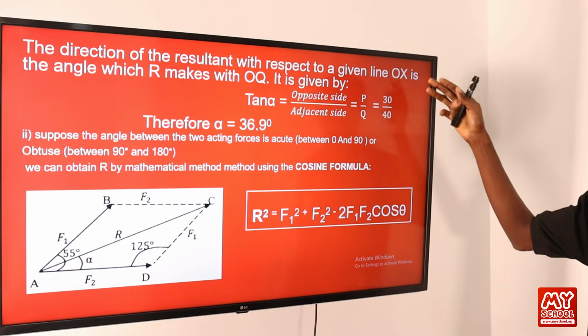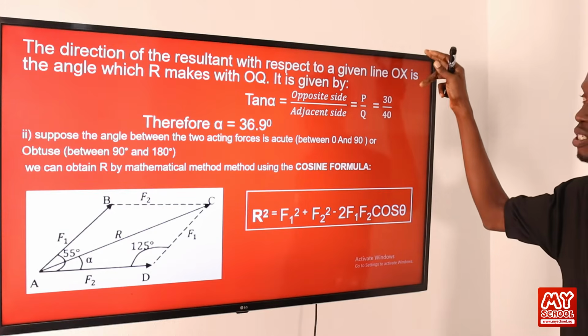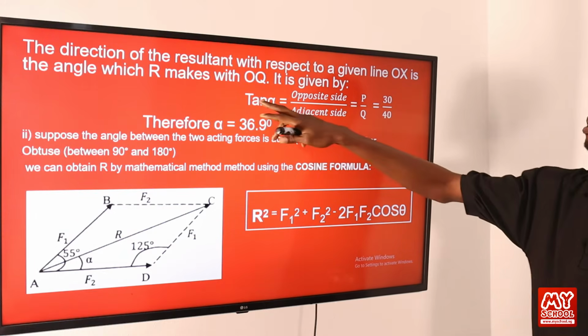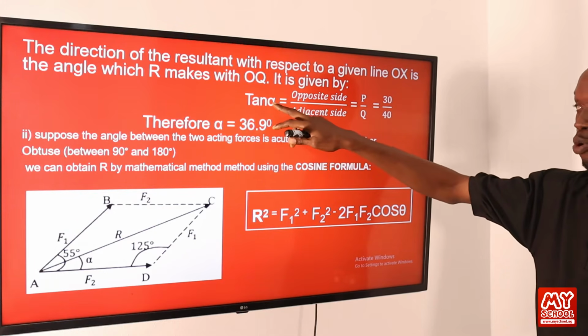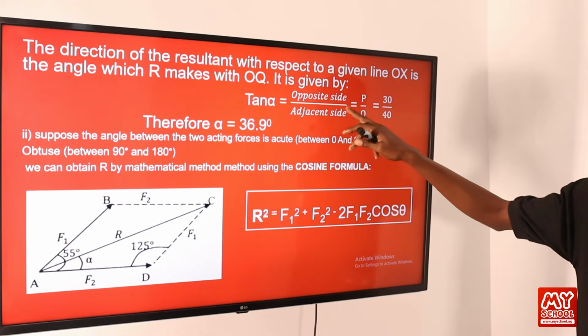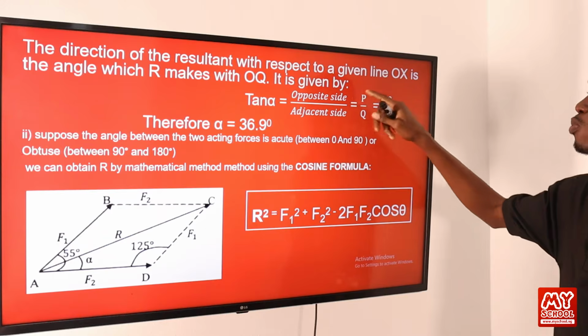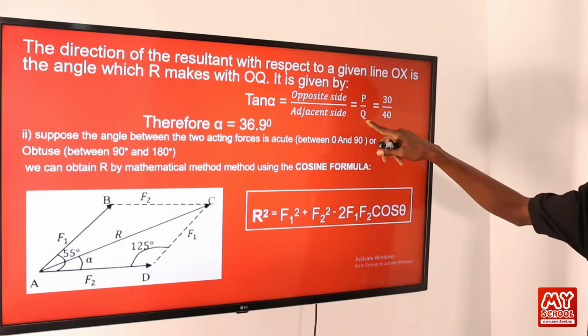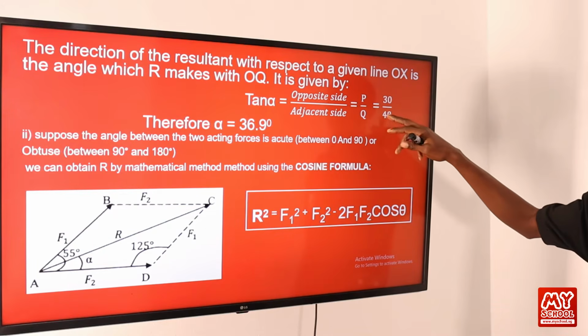Now remember your trig ratio. Tan is TOA, which is opposite over adjacent. So tan alpha, which is actually the angle you are looking for in this case, becomes opposite side over adjacent side, which from our previous calculation is P over Q, right? So this becomes 30 divided by 40.